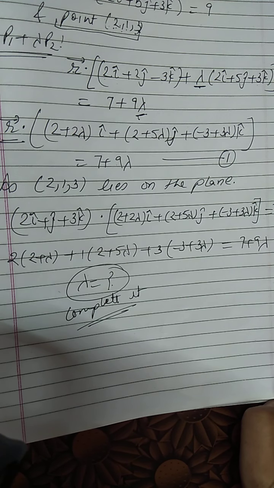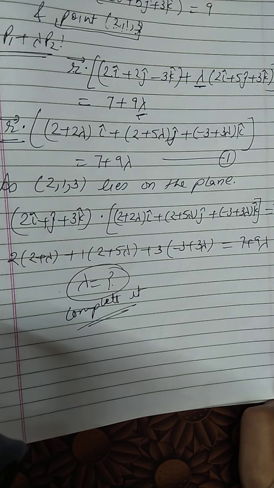Similarly here, when we have the planes in the general form, like ax plus by plus cz equals d, then a, b, c are the direction ratios. So a1 b1 c1 will be the direction ratios of the first plane, and a2 b2 c2 will be the direction ratios of the second plane. So first we write p1 plus lambda times p2.